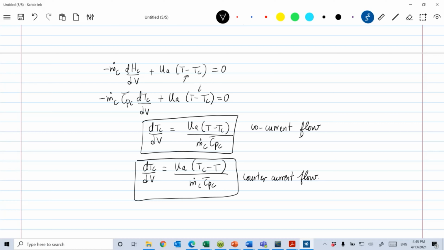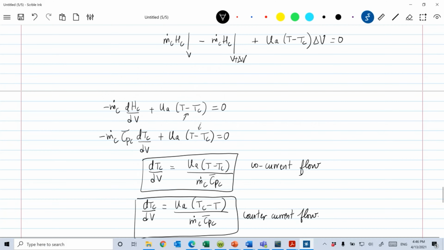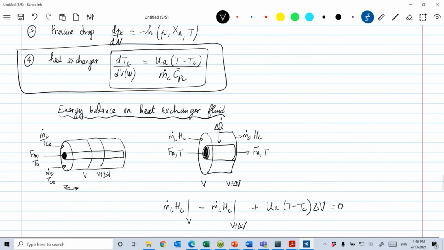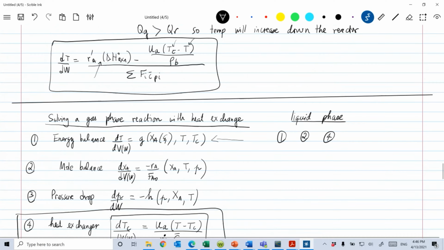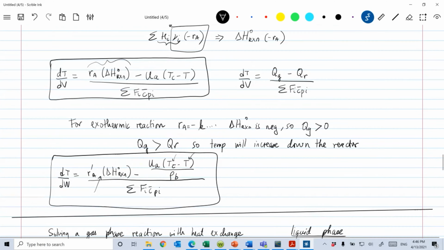So these are the differential equations that you would need to solve for any plug flow packed bed reactor with a heat exchanger attached to it. Once again, to recap, what do you need? You need the energy balance, which we derived earlier, right there.